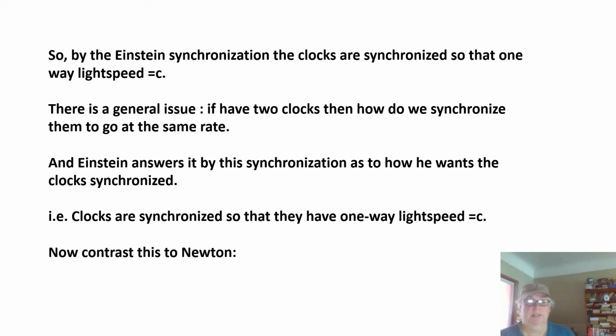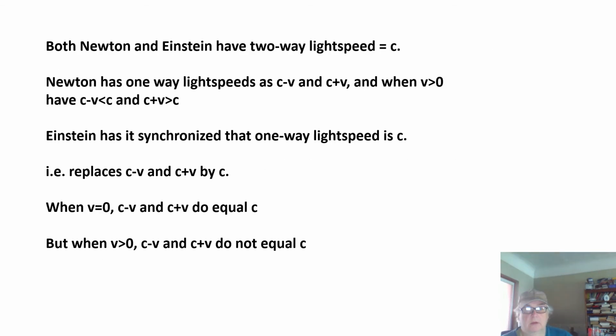Now contrast this to Newton. Both Newton and Einstein have two-way light speed equal to c. Newton has one-way light speeds as c minus v and c plus v, and when v is greater than 0, he has c minus v less than c and c plus v greater than c.